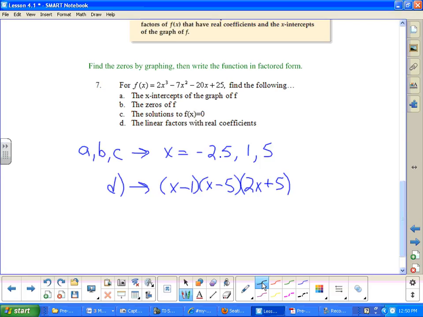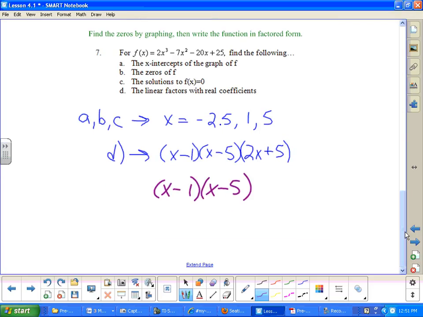Okay. All right. So first of all, I know that these are 2 of the zeros. These are the whole number ones. Those 2 are going to give me x minus 1 and x minus 5. When I'm done and I multiply these 3 together, because it's a cubic function, the very first term has to be 2x cubed, and the very last term has to be a positive 25.